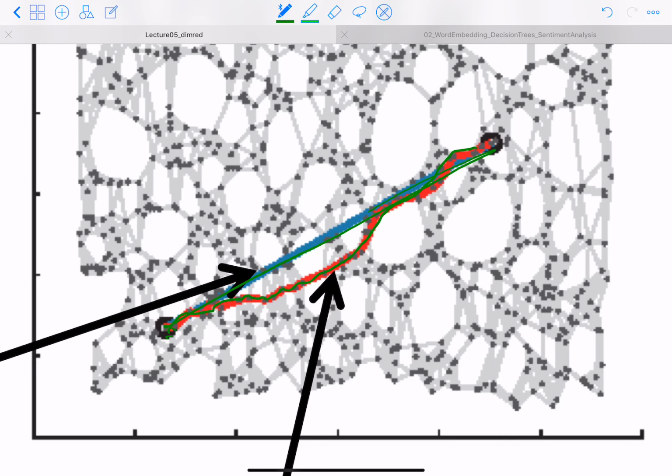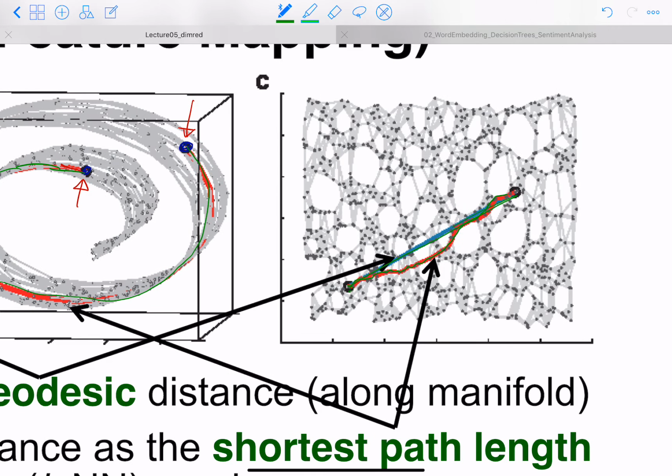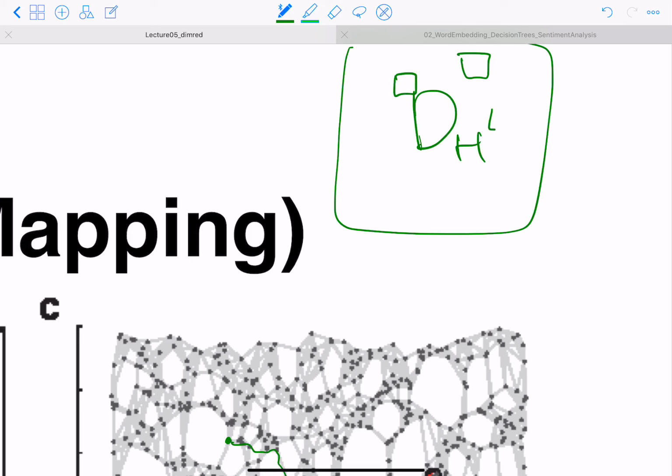But due to this approximation using k nearest neighbors, we compute that distance approximately based on the sum of the shortest path. For any pair, for this point and maybe that point, we compute the shortest path and their distance, and that fills out each element in our pairwise distance matrix.